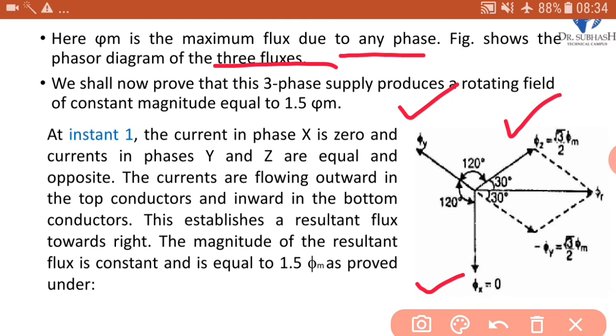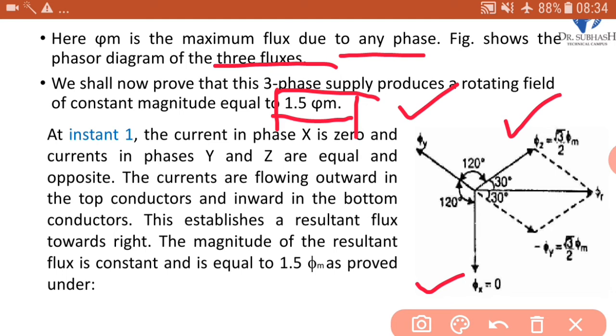We shall now prove that this three phase supply produces a rotating field of constant magnitude equal to 1.5 into phi m. So we have to prove that the rotating field has a constant magnitude of 1.5 phi m.